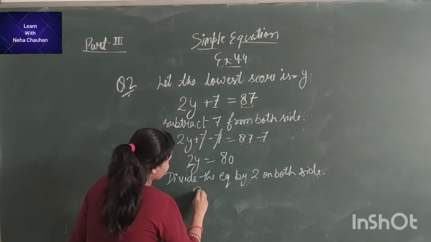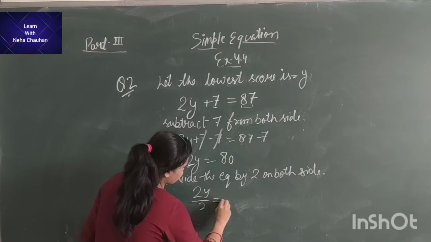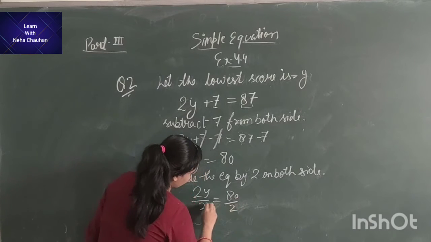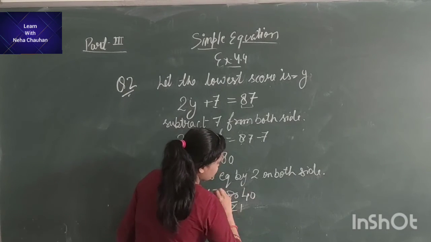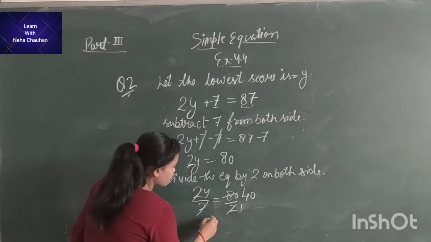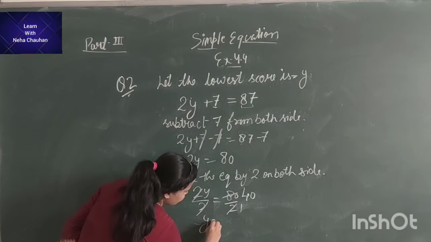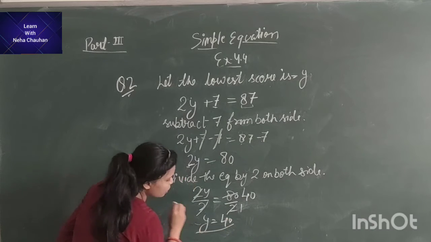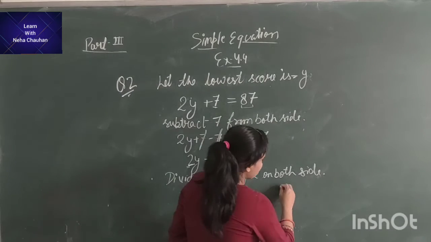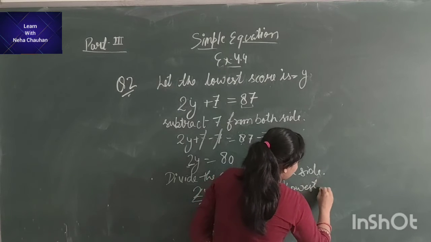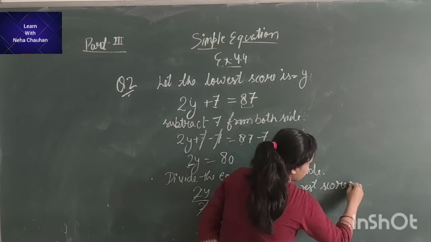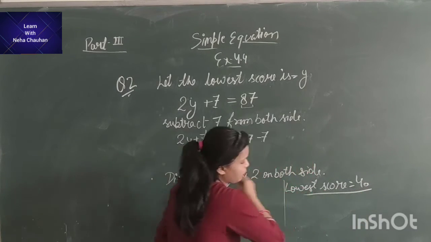We get 2y divided by 2 is equal to 80 divided by 2. 2 and 2 will get cancelled. 2 ones are 2, 2 fours are 8, so 40. So we get y, the lowest number, y is equal to 40. That means the lowest score is equal to 40.